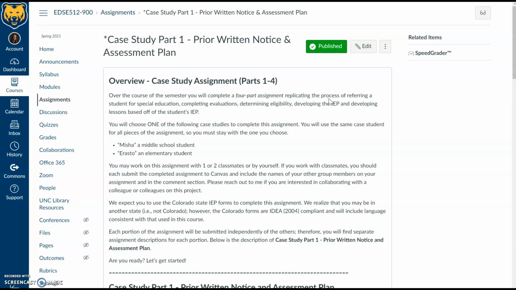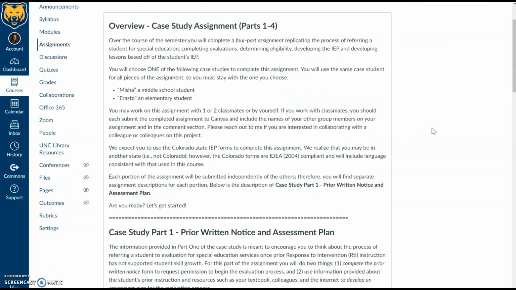So for the discussion, you'll be creating responses to others, and then this is the case study part 1 assignment. So you can see that there is quite a bit that goes into this. I would encourage you to take the time sooner than later to review this description very clearly and carefully, and then also the rubric, obviously. But there are 2 case studies provided for you.